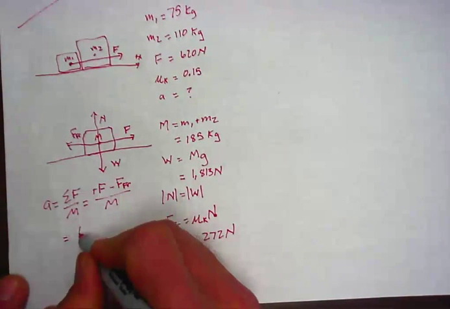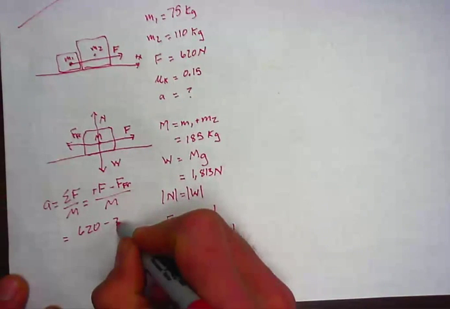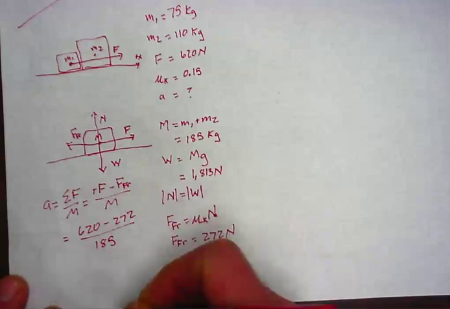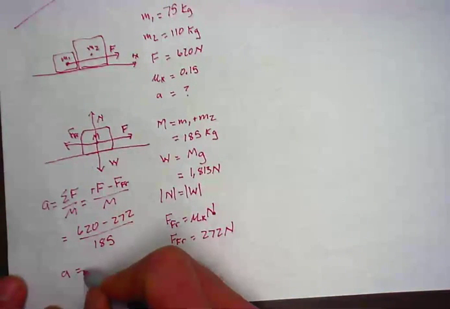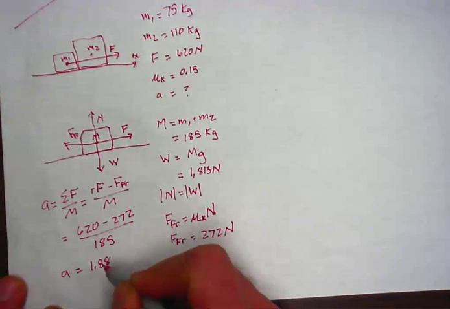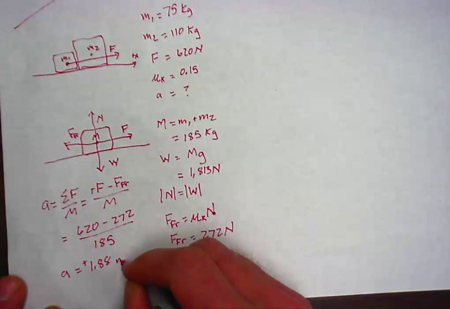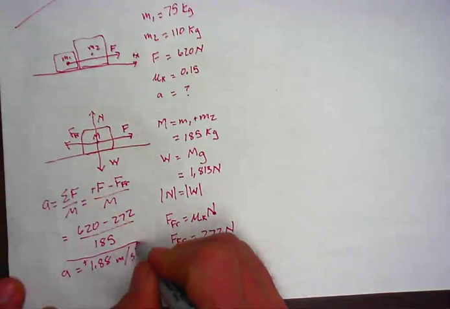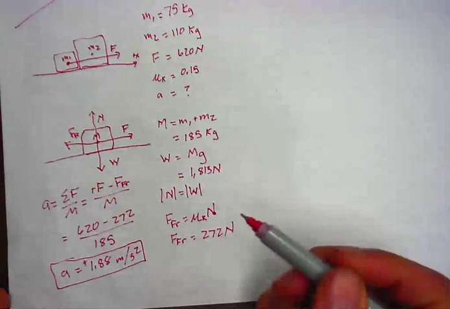So this ends up being 620 minus 272, divided by 185. And if I do my algebra here, I get an acceleration of plus 1.88 meters per second squared. And that is my answer to part A.